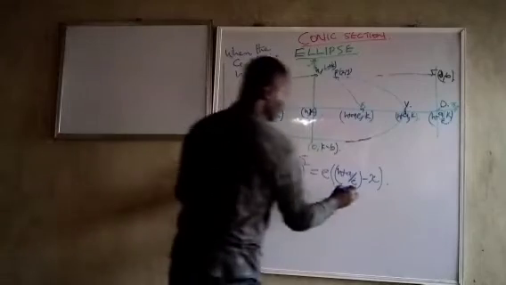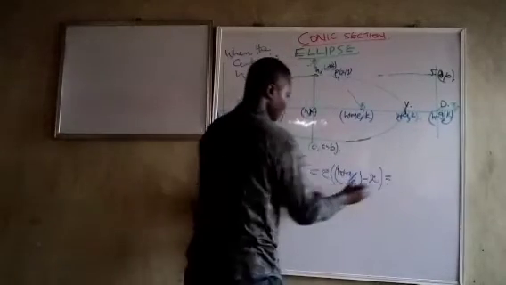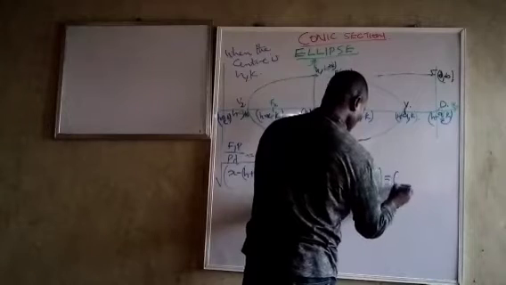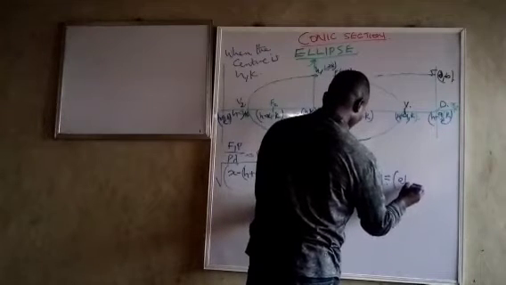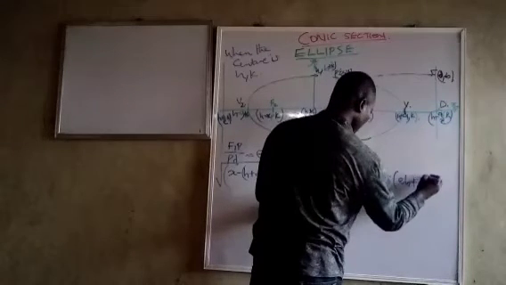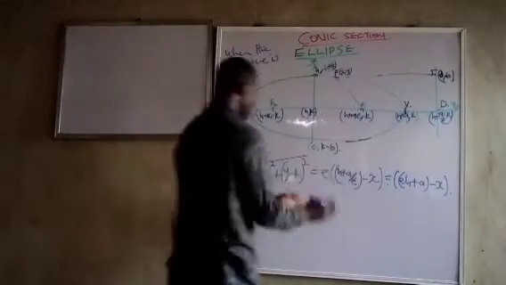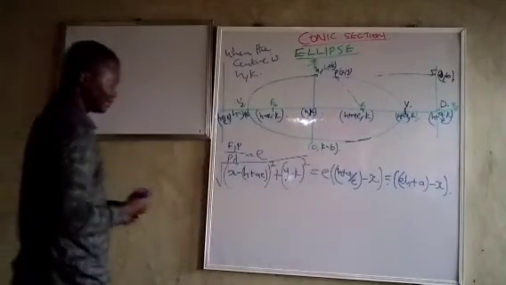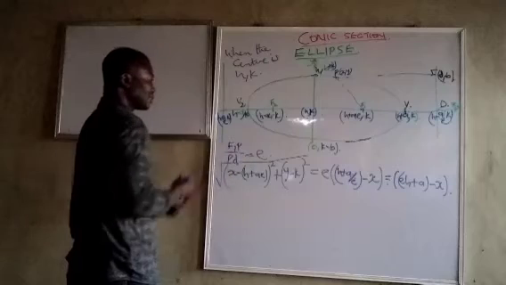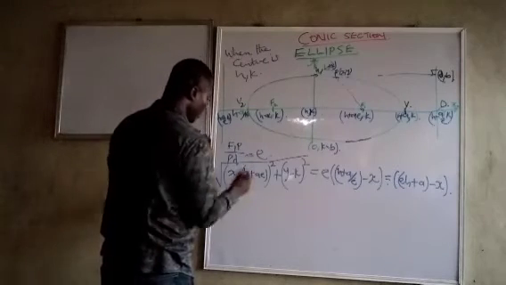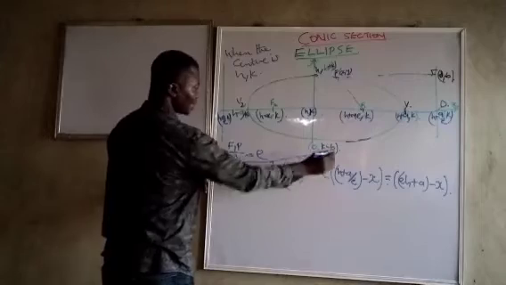So which will be eh plus a minus x. Please, I want you to take note of how I'm writing out this thing. I'm writing it out for ease in getting out the figures. Now, let's square both sides.